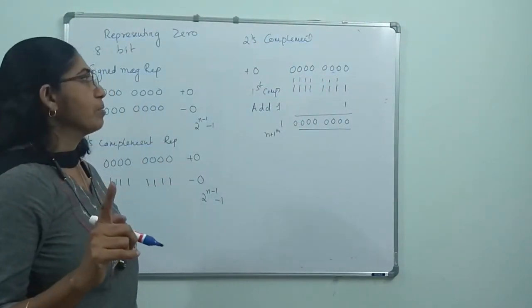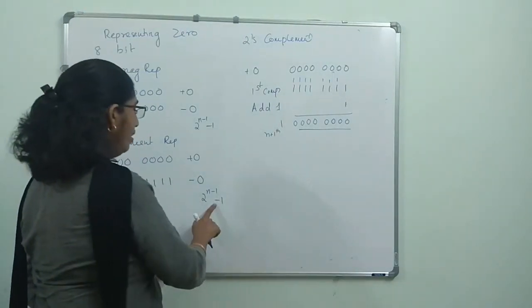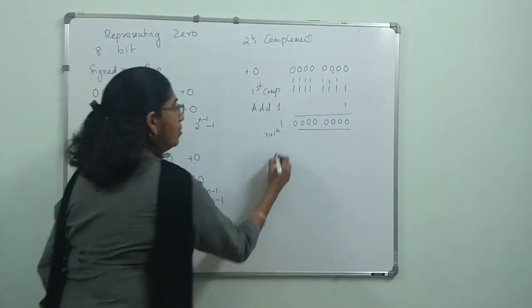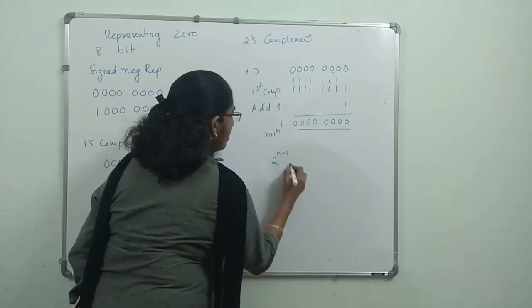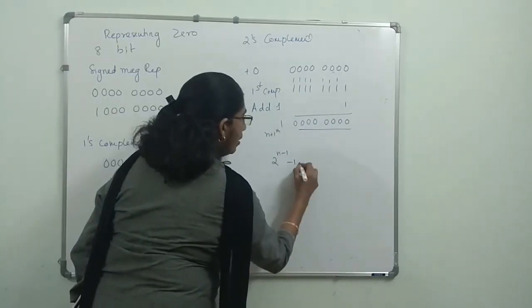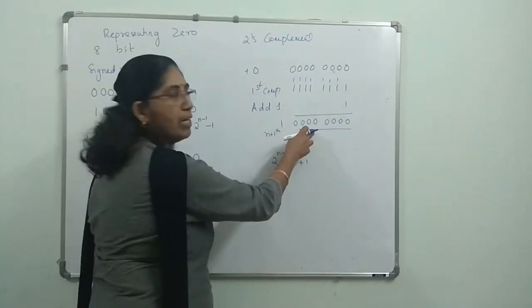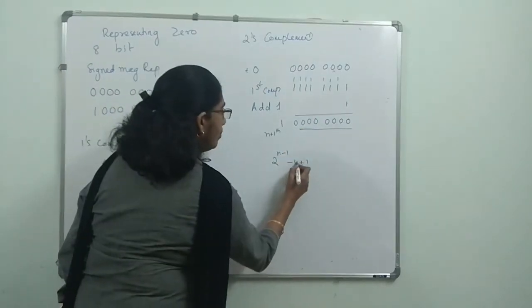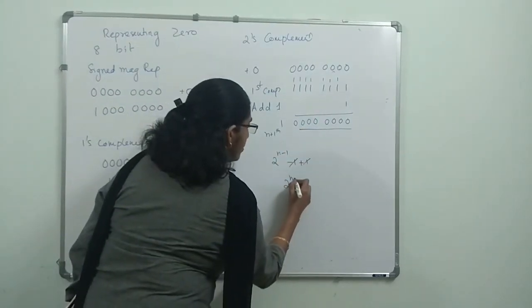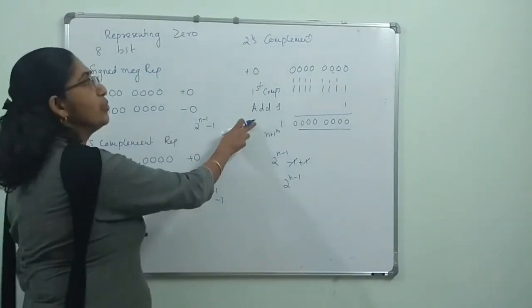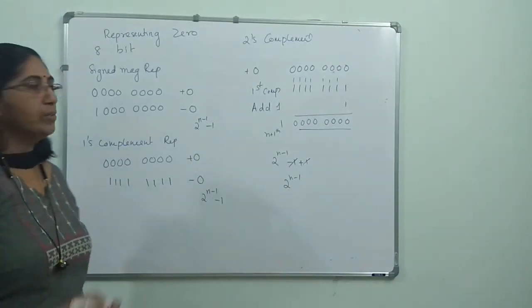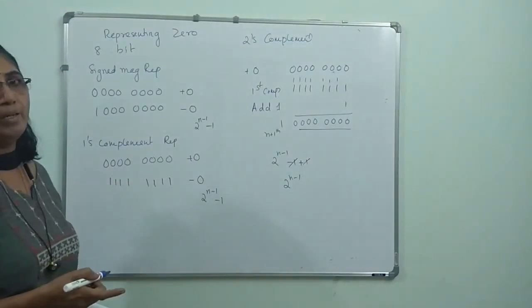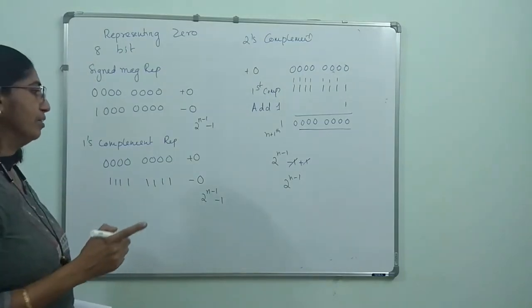So one extra is available for representing one more number. So how much can you represent in this? 2 raised to n minus 1 plus 1, because 1 is free to represent one more number. That means 2 raised to n minus 1 numbers you can represent using the 2's complement method. So that is one advantage of 2's complement. One extra number you can represent.